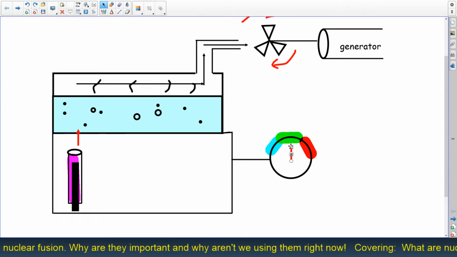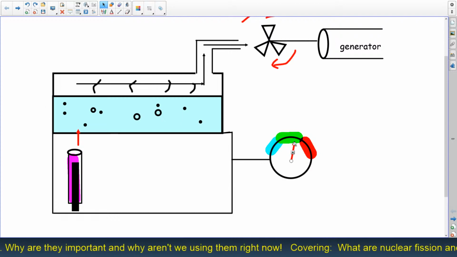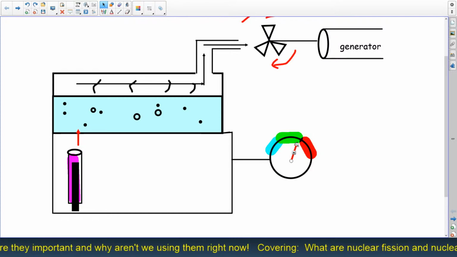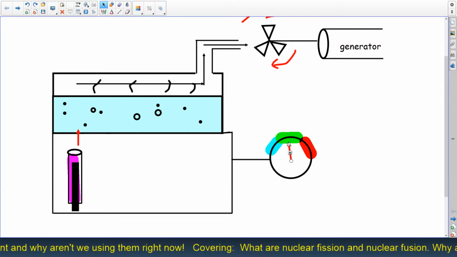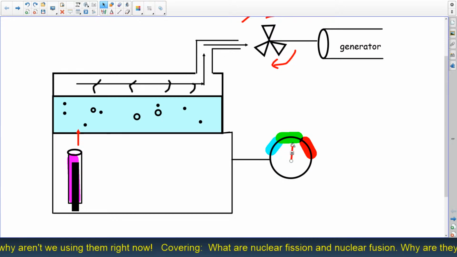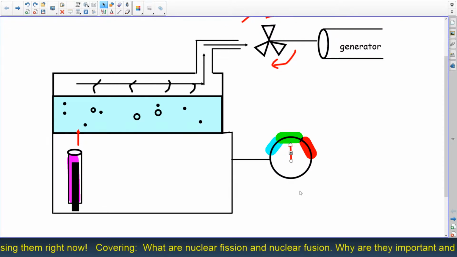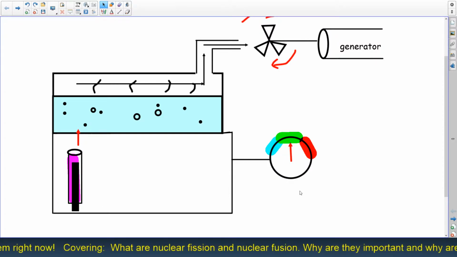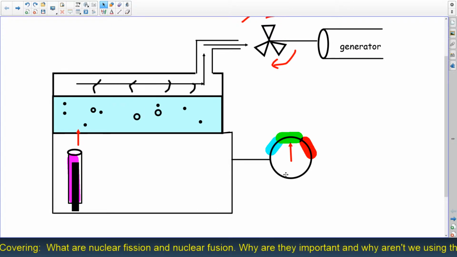So the needle ideally wants to be here, but if you're absorbing too few neutrons, it'll start to creep this way. So you put the boron rod in a bit, and then it comes back this way, and then across that way because you move it out a bit. And the game is to just keep that needle hovering in the green zone. And that's pretty much computer controlled. Then you'll have a person watching the computer just in case it messes up, just to keep everybody safe.